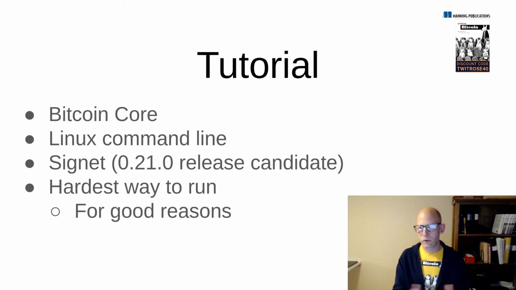So you're managing fake money, fake Bitcoin, and we call this network Signet. And it's a new feature of Bitcoin Core, so it will be available in version 0.21, and that's not released yet. So we will use a pre-release or a release candidate in order to use Signet.